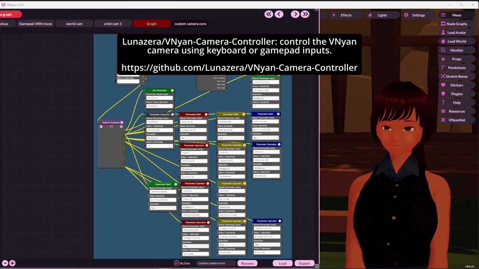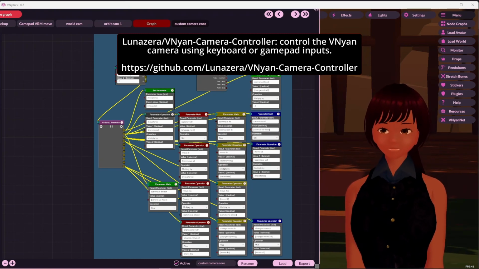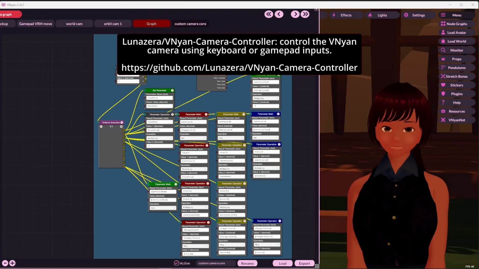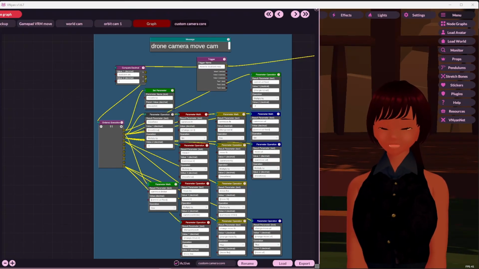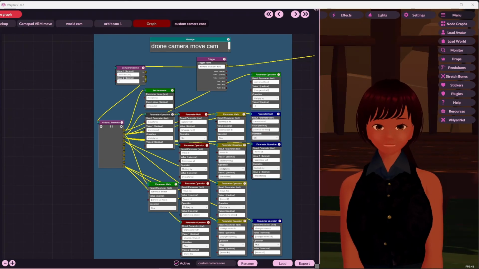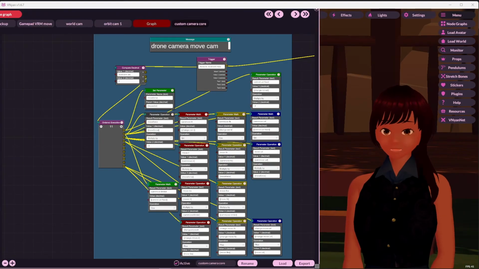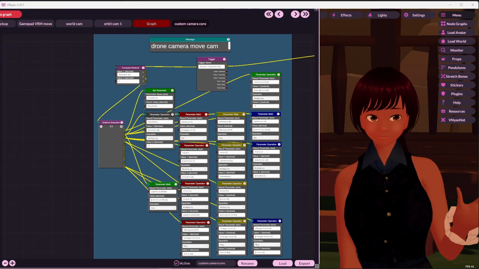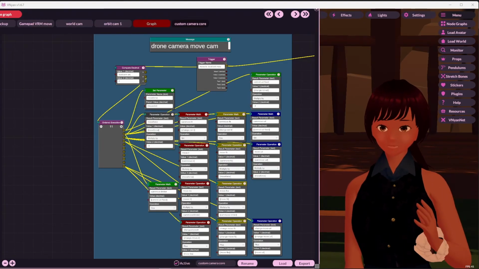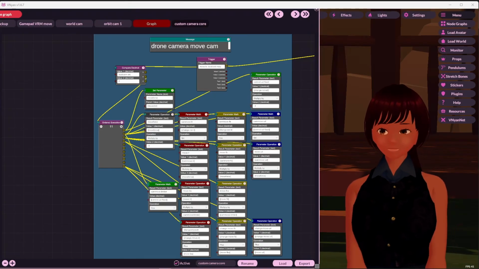Your maneuvers were pretty strictly limited. I mean, you could move diagonally and all that, but where you were going wasn't where you were facing. And I kind of wanted that for a drone cam. So I've been trying to make my own version of a drone cam. And this is what I have.